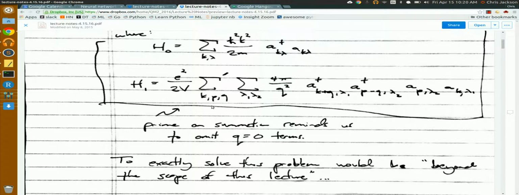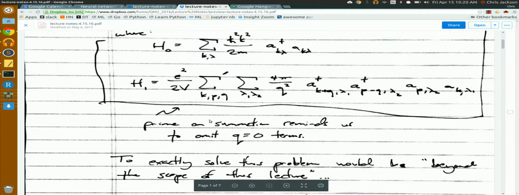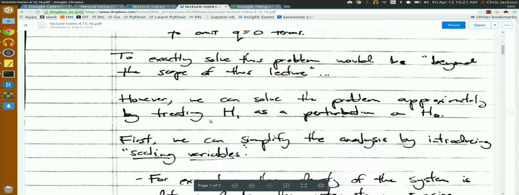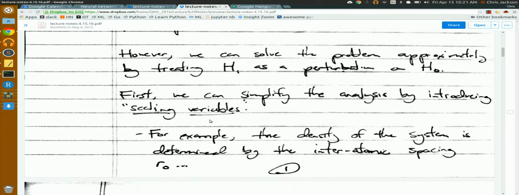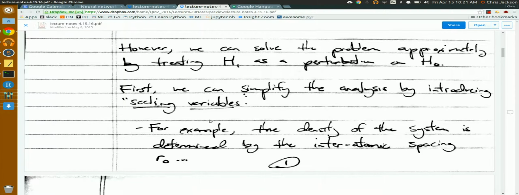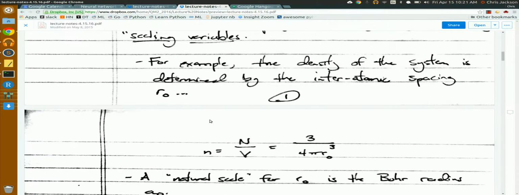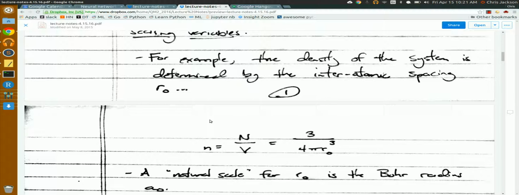Okay. I'm just going to show you a simple case where we scale one of the variables, just for, like I said, convenience. But when we get into relativistic quantum mechanics, you'll see that we do a lot of weird stuff, like setting c and h bar equal to 1, right? Just to get rid of them so we don't have to keep writing them.